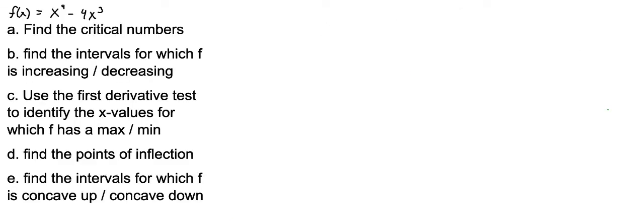Okay, let's put this information together in an example problem. We're going to do some things that we learned last class and some of the new things we just learned today about concavity. Looking at our function f of x is equal to x to the fourth minus 4x cubed. First thing I want to do is find the critical numbers.